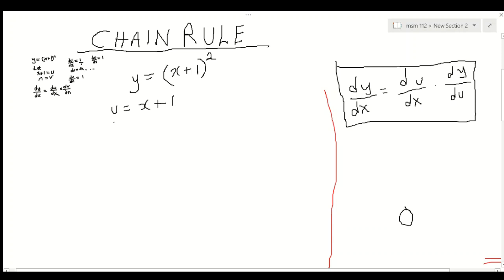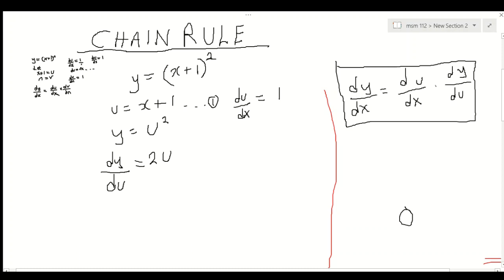Then in this case, you're going to have y is equal to u squared. Then you can differentiate this. This will be dy du with respect to u, because the variable here is u. This will give you 2u. Then differentiating the first equation with respect to x, we are going to have du dx is equal to 1.